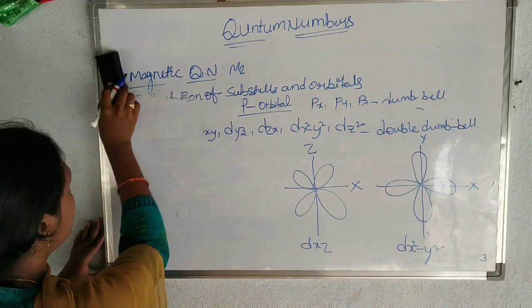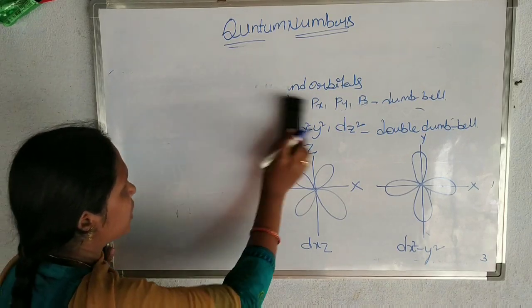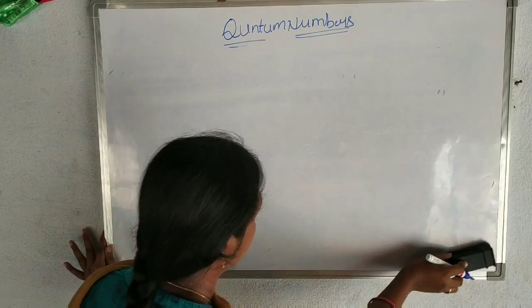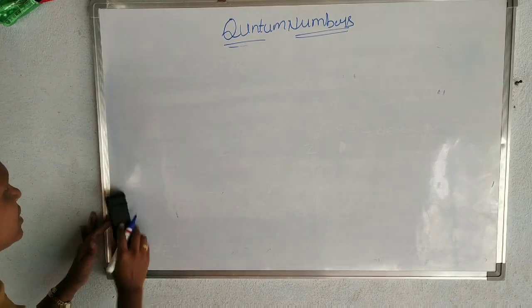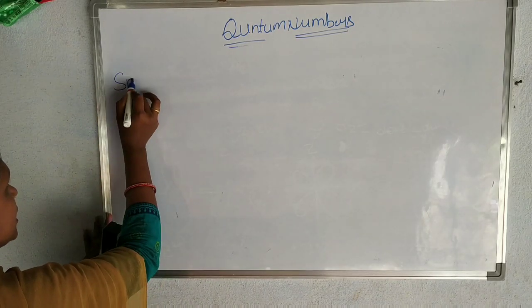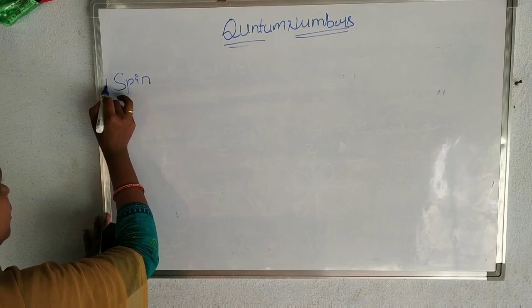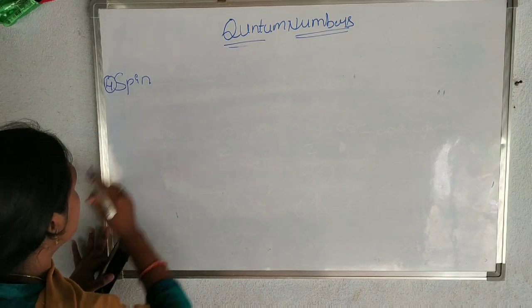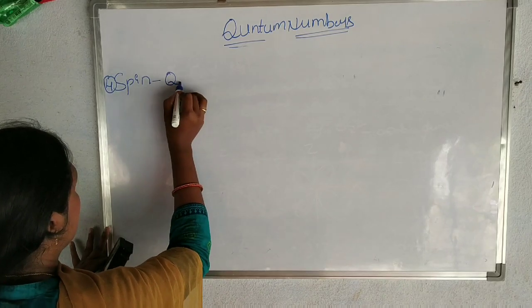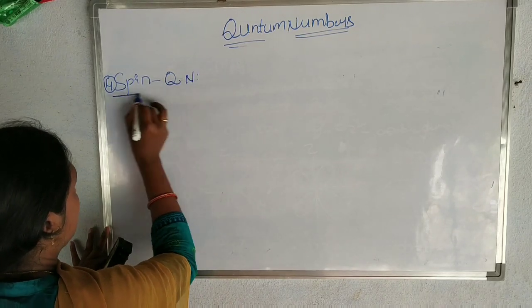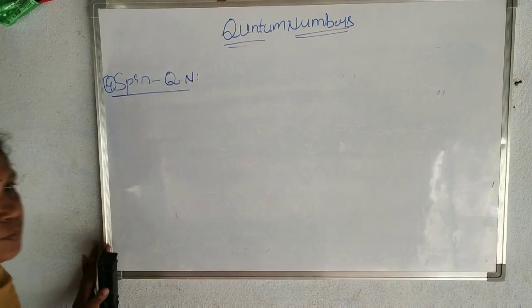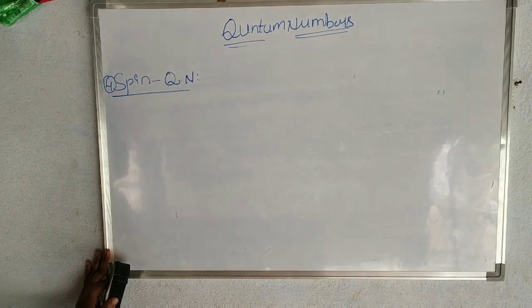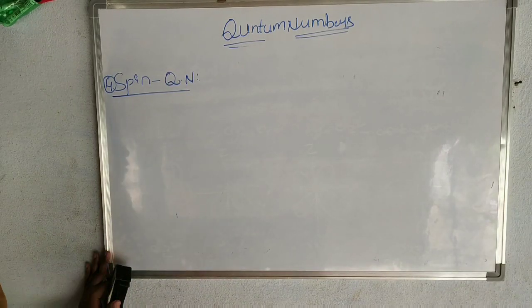And next we go to the fourth one, that is the spin quantum number. What does it explain? The spin quantum number explains the spinning nature of the electron. The atomic model, the structure of the atom, is a planetary model. Here the electron is revolving around the nucleus.